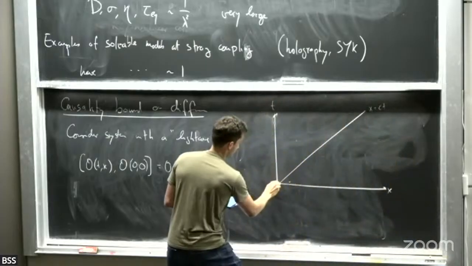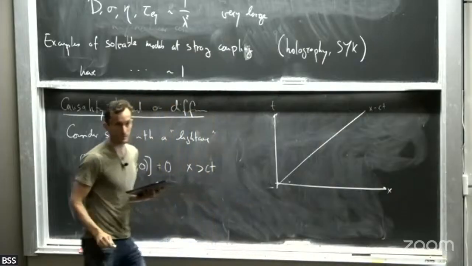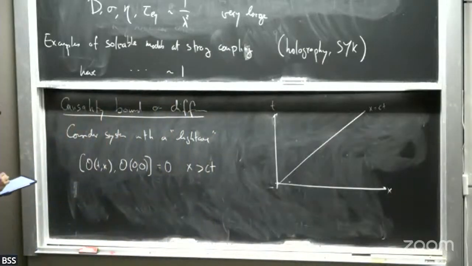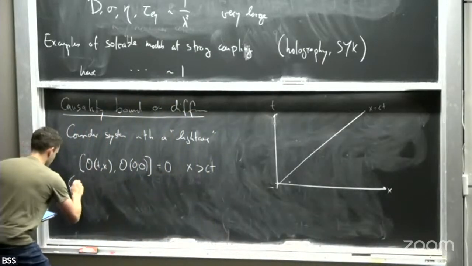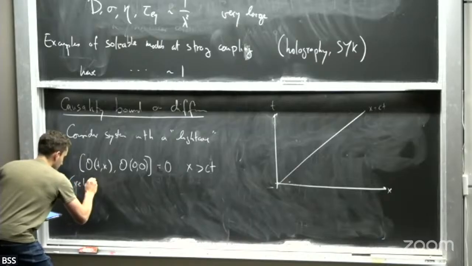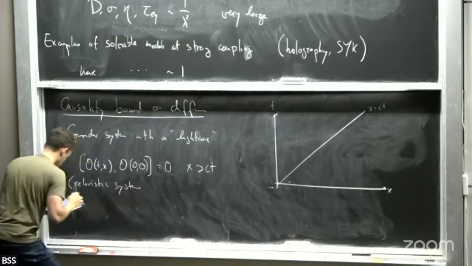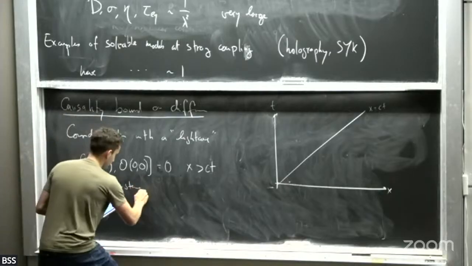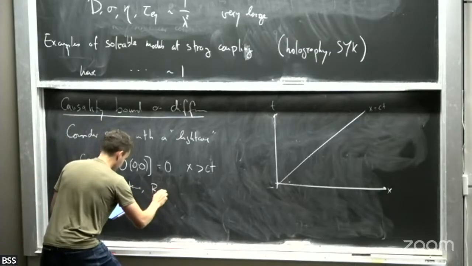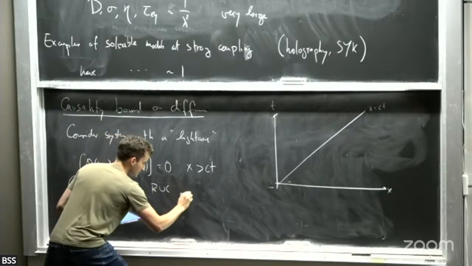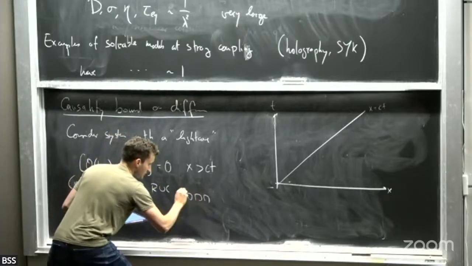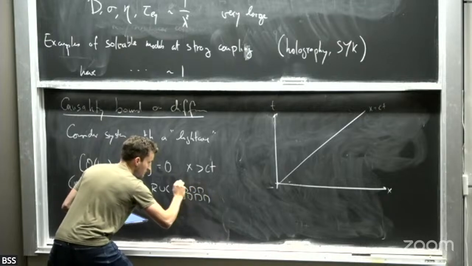Okay, so if I have an operator here and an operator there, these two operators commute. This type of constraint applies in random unitary circuits too, where you have a brick wall type evolution.